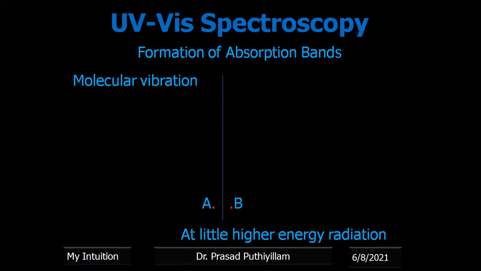At higher energy levels the vibrations will be bigger. Therefore, as the molecule absorbs more and more electromagnetic radiation, especially UV visible radiation, it can also undergo these vibrational motions.